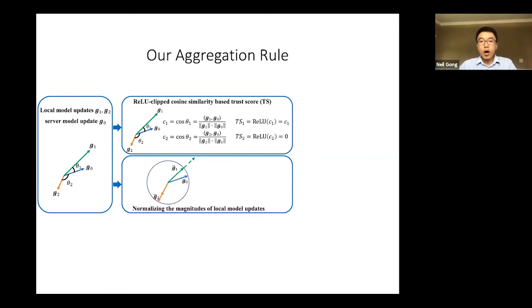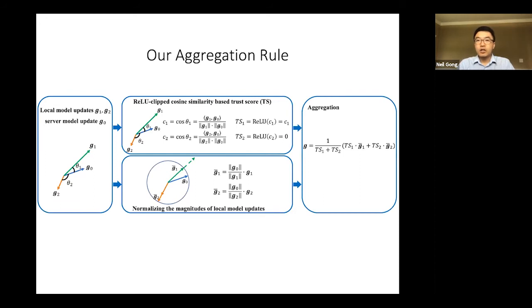Specifically, we normalize the magnitude of the local model updates such that they have the same magnitude as the server model update. For instance, G1 bar is the normalized local model update for client 1. G2 bar is the normalized local model update for client 2.